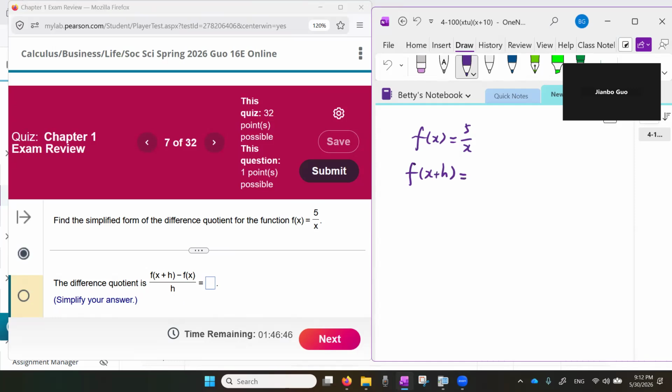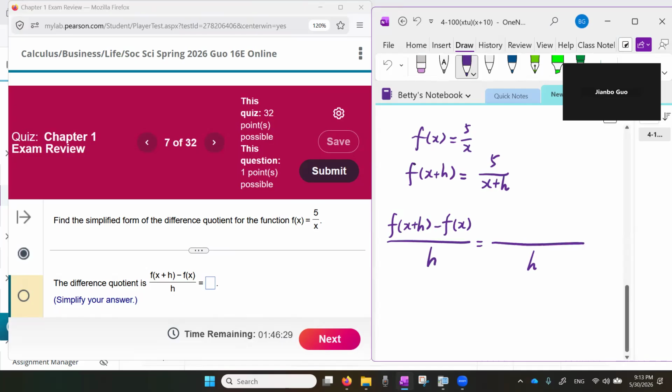The input is x plus h, so we change the input x to x plus h, all right? So the difference quotient, f of x plus h minus f of x all over h. We're going to plug in what we have. Denominator is h. Numerator, 5 over x plus h minus 5 over x.